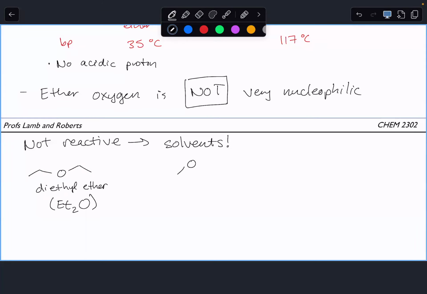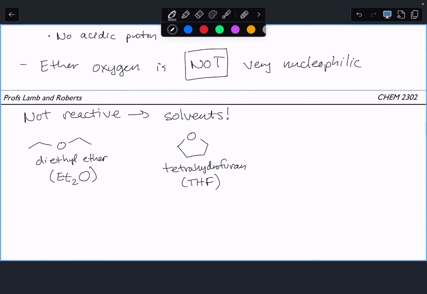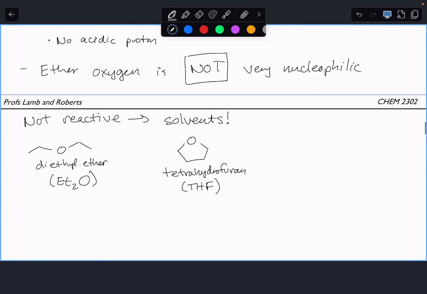You've probably also seen THF, or tetrahydrofuran. One that maybe you haven't seen before is called 1,4-dioxane, which looks like that.